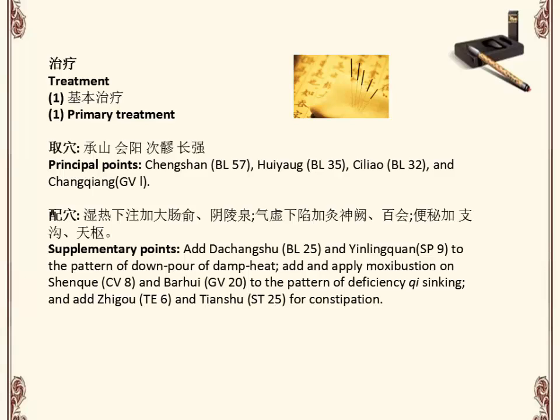We can add the large intestine points. If there's damp heat, we can add Spleen 9. Ren 8 can be used with moxa, of course, right? You would never needle in Ren 8. You better indicate that on your exam. And what else? If there's constipation, we can move constipation with San Jiao 6 and Stomach 25.